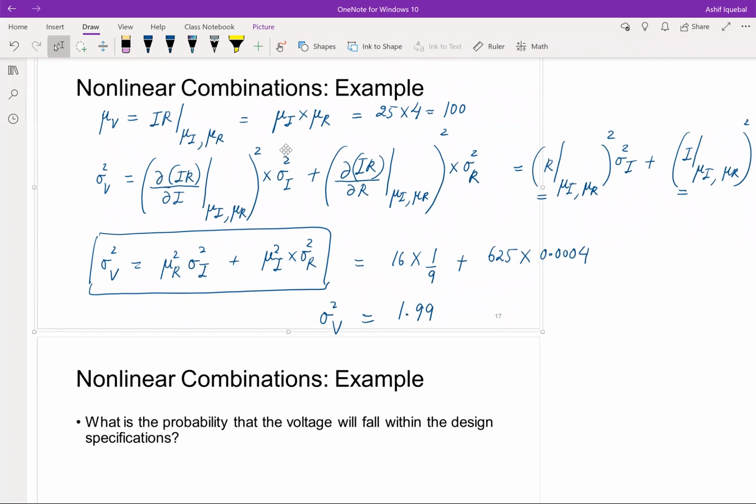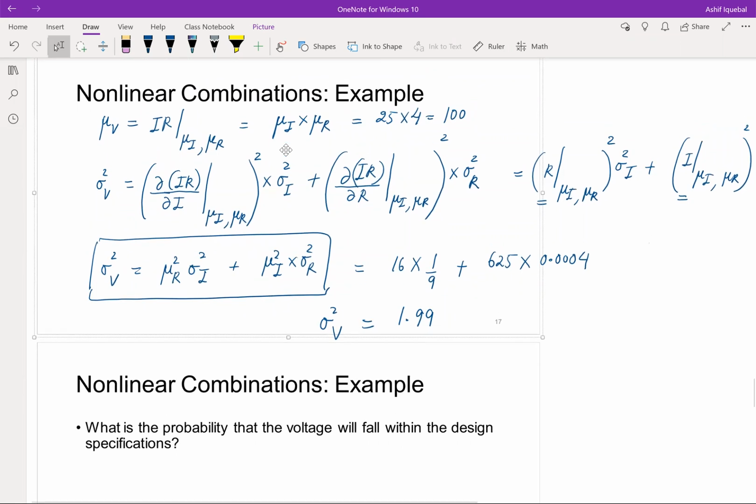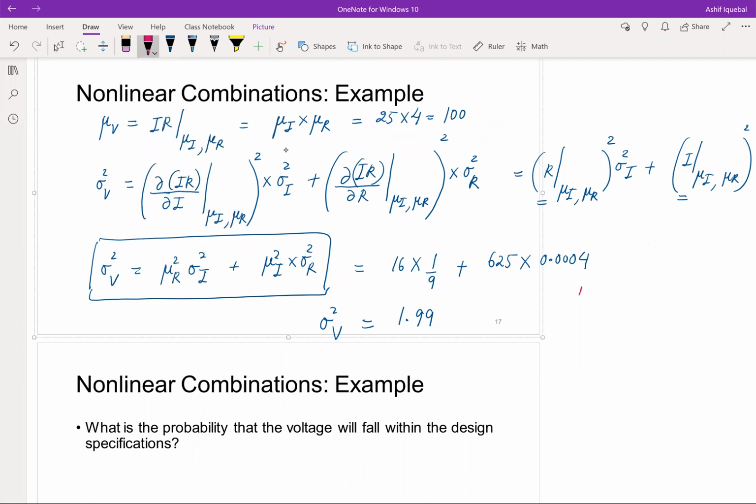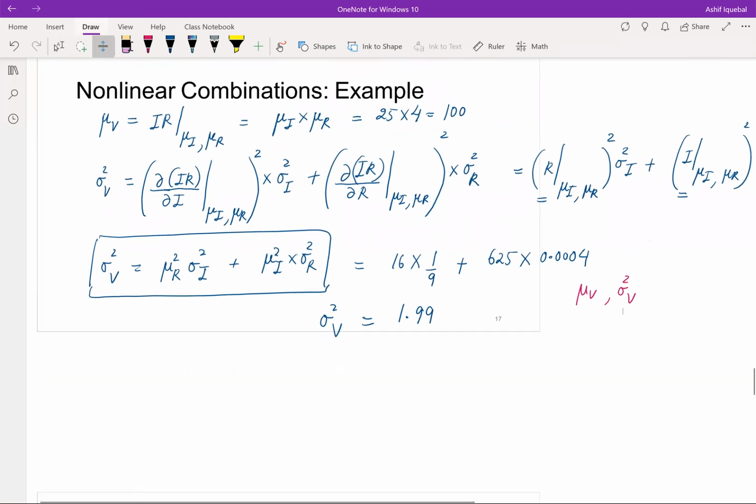So in the meantime, let's collect the values that we have already got. We have got two values here, right? We have got mu V and we have got sigma square V. So now, once we have these values, we can go back to the original probability expression that we have.